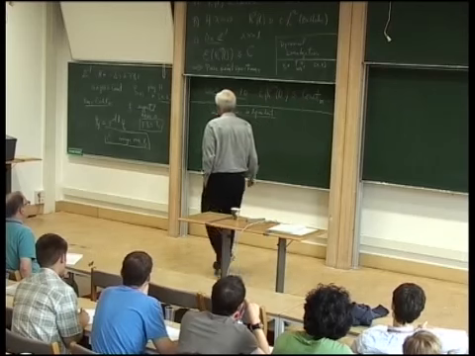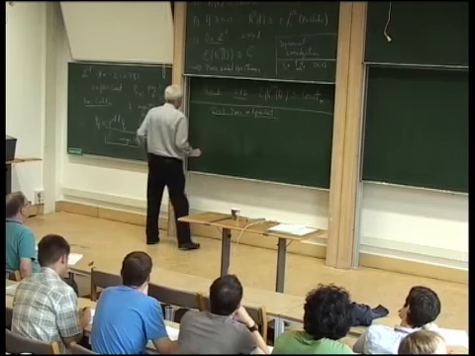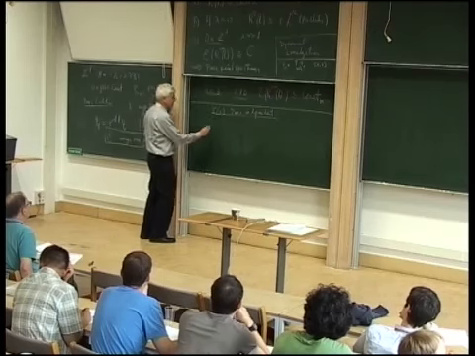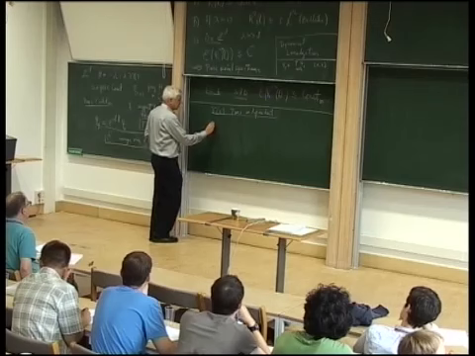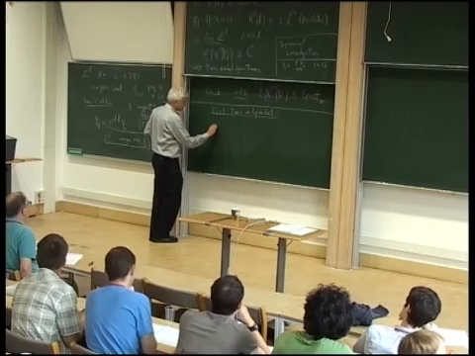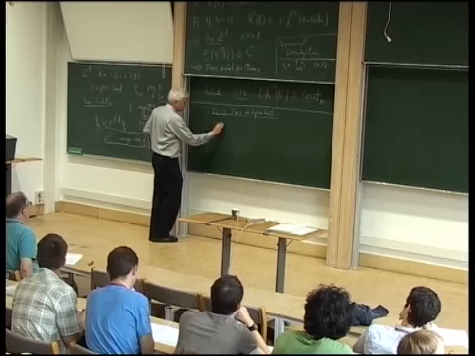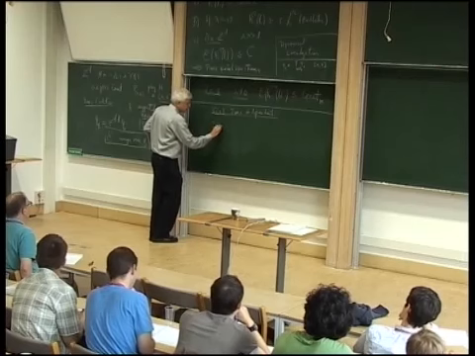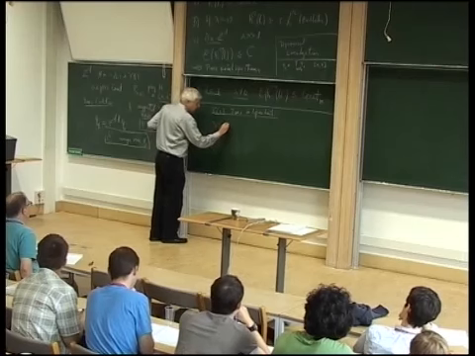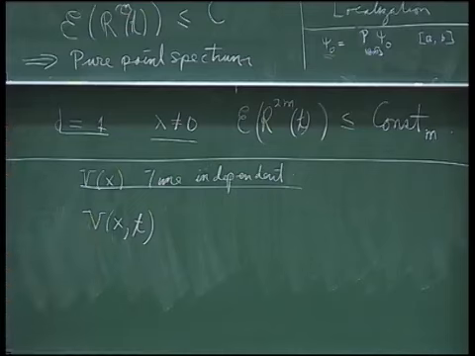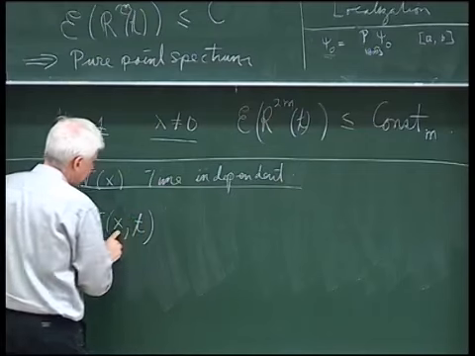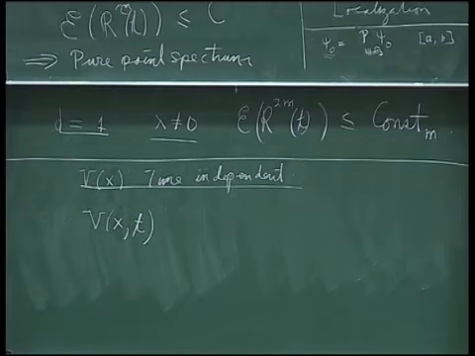So let me make a remark, which I think somehow is not so well known in the mathematics community, but actually is an important remark, it seems to me. Suppose I have v of x, and I now add a time dependence, and I'm going to assume that the v's are basically on the lattice. I'm going to be on the lattice because it's always the simplest.